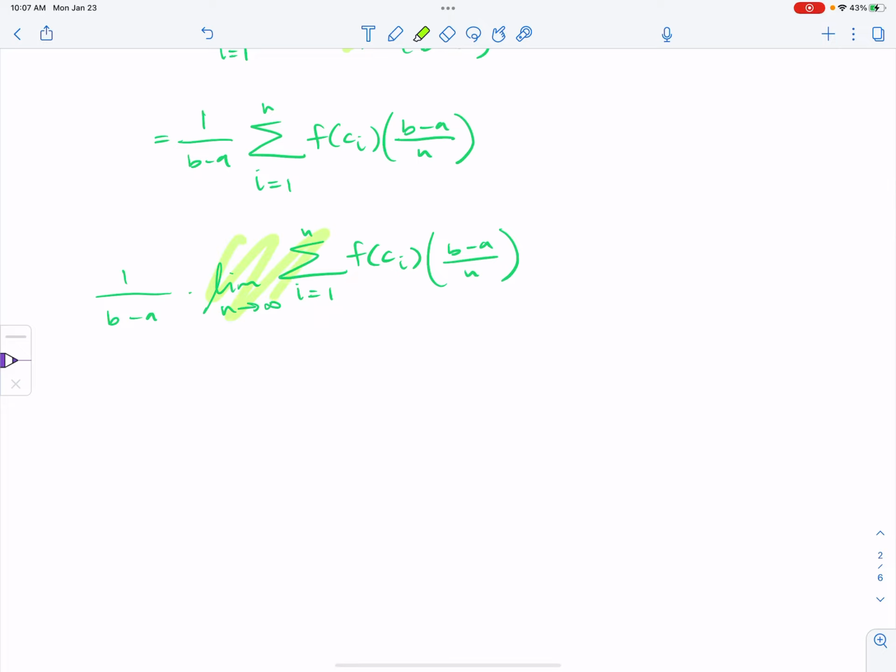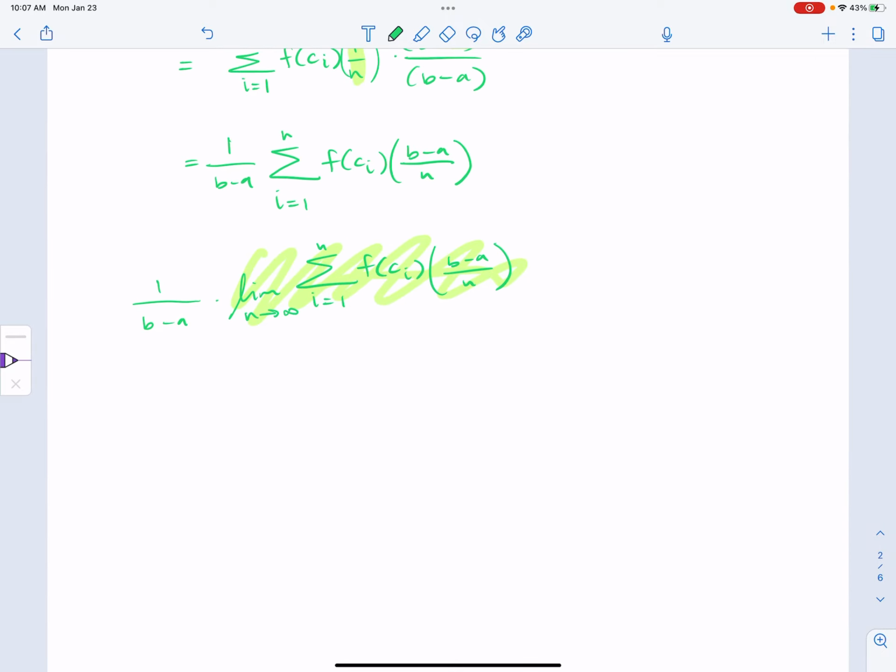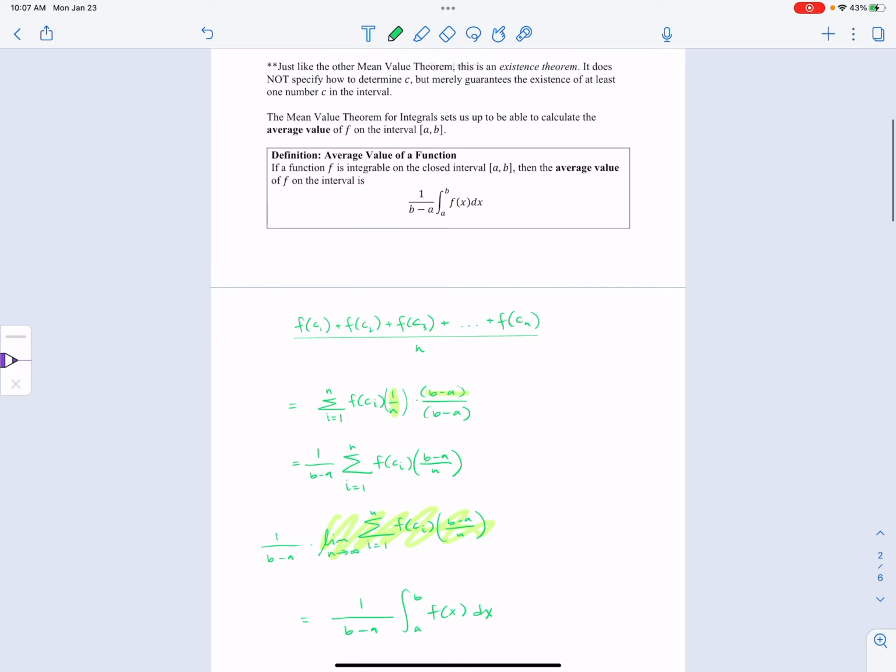Well, this is the definite integral from a to b, and then times 1 over b minus a. So this should look familiar, right? This ends up being equal to 1 over b minus a times the definite integral from a to b of lowercase f of x.